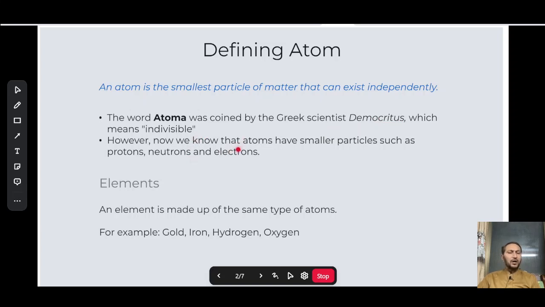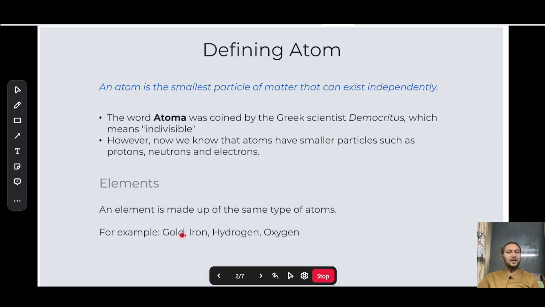However, now we know that atoms have smaller subparticles such as protons, neutrons and electrons, and an element is made of same kind of atoms.